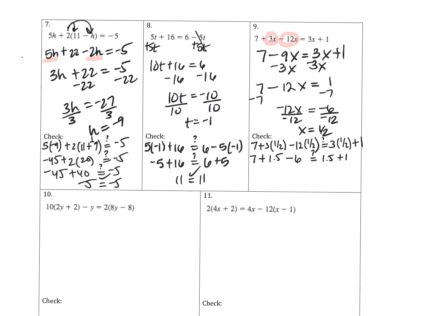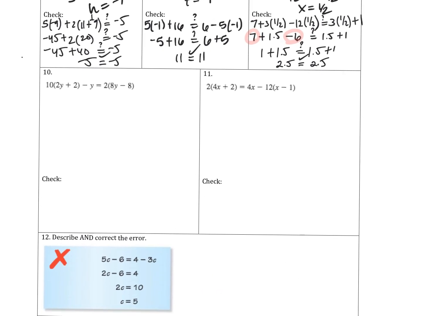Okay, 7, I'm going to combine these because I don't like dealing with decimals. 7 and negative 6 is 1, plus 1.5, which you'll realize is the same as the right-hand side. 2.5 is equal to 2.5. We did that right.